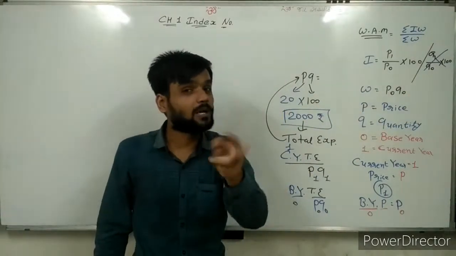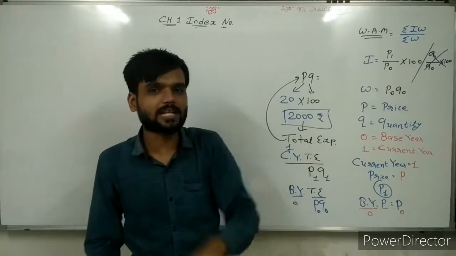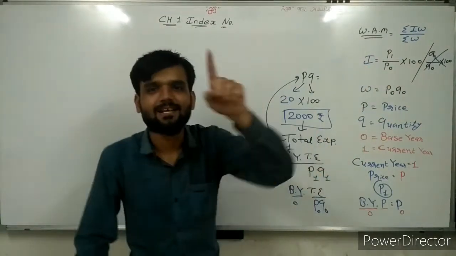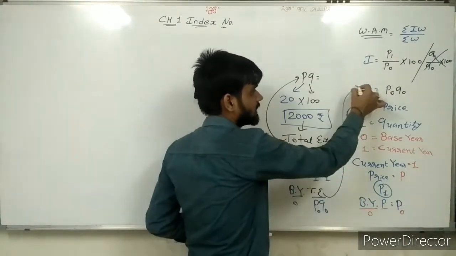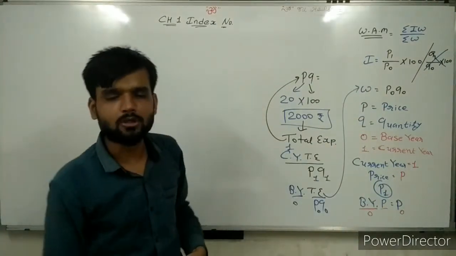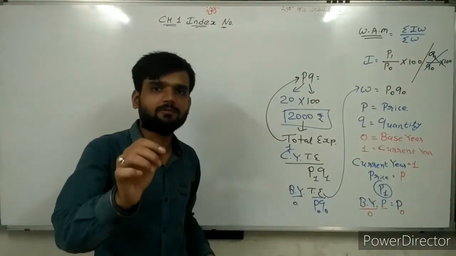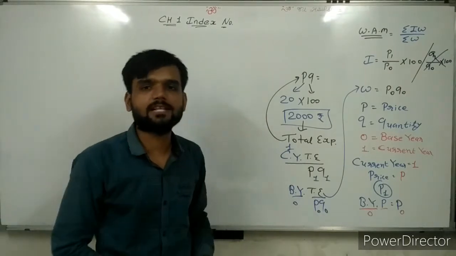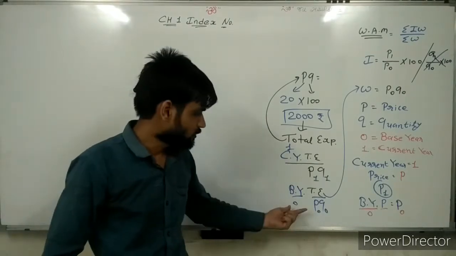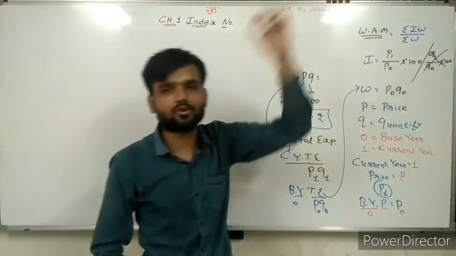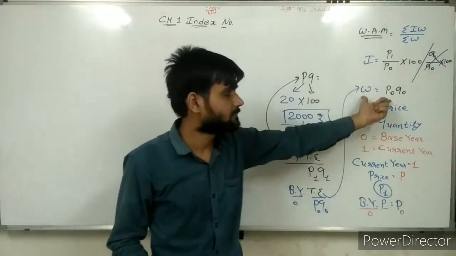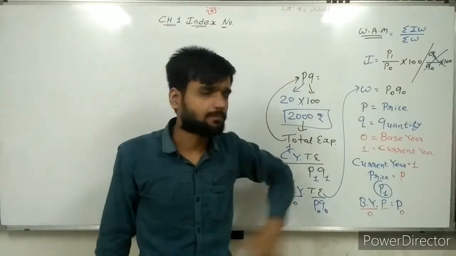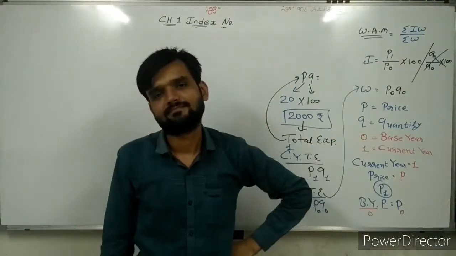P into Q, multiplication of the two, means total expenditure, and 0 means base year total expenditure. So this base year total expenditure is W, the weight given to the indexes. So this is base year P0 Q0. Base year total expenditure and P0 Q0 are both the same. W is the same.